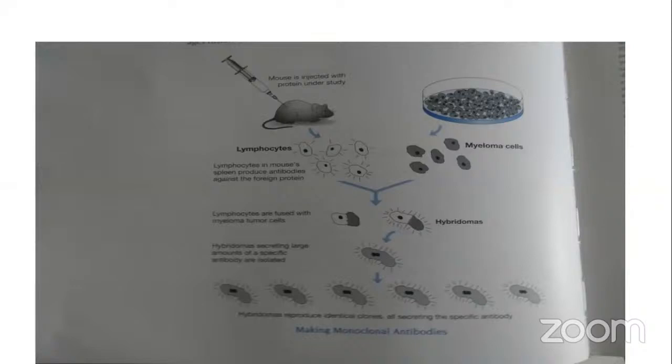Now, if you take a cancerous cell derived from splenocytes, or general blood myeloma cells, and then fuse these two, where did this fusion come into the picture? Those of you who have studied cytogenetics must have heard that during the first decade of the 20th century, cytogenetics people were asking a big question: if I take two cells and fuse them, which set of chromosomes will be active?